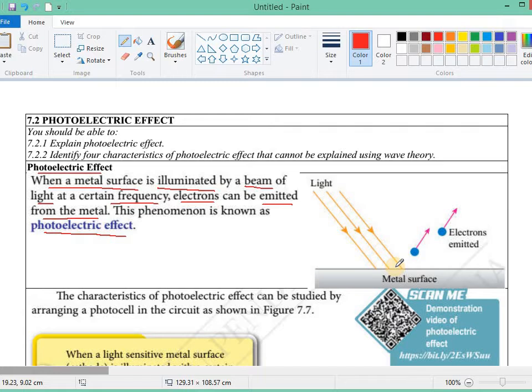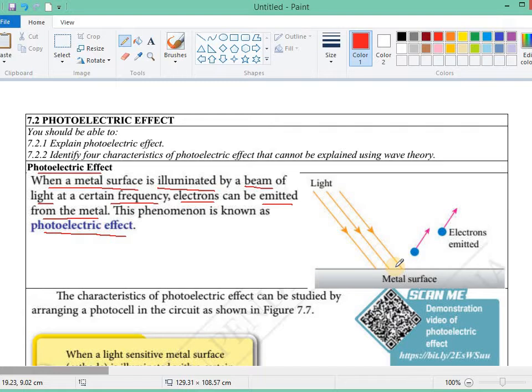So why is it that we only talk about metal? Because metal is the one that easily has the photoelectric effect, because metal has more free electrons.